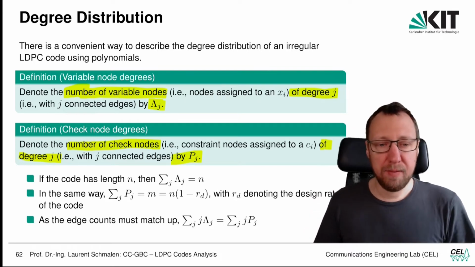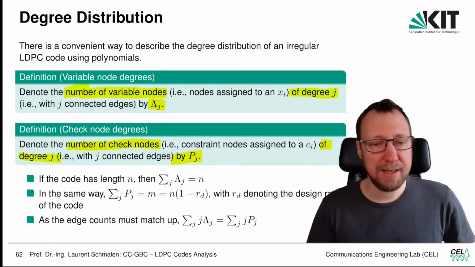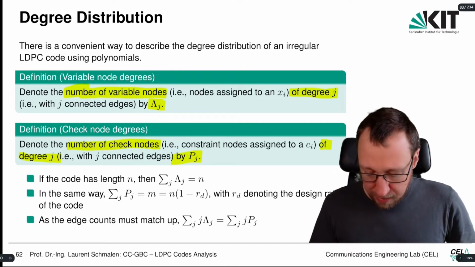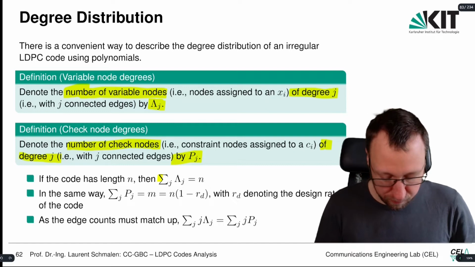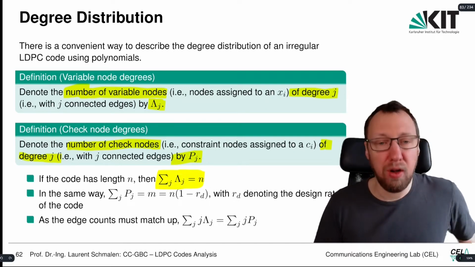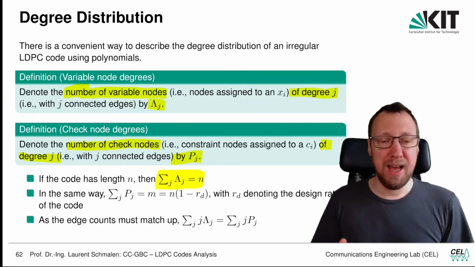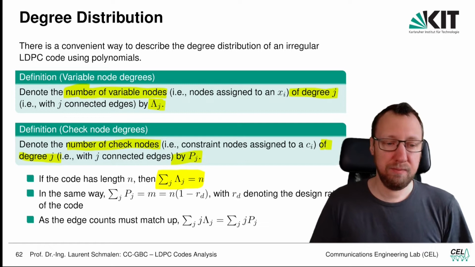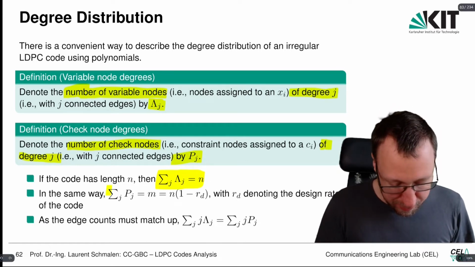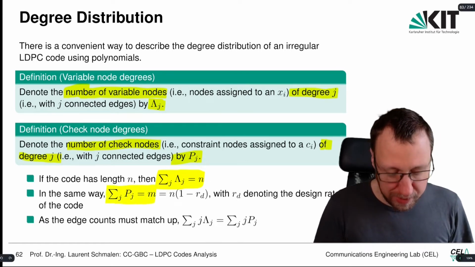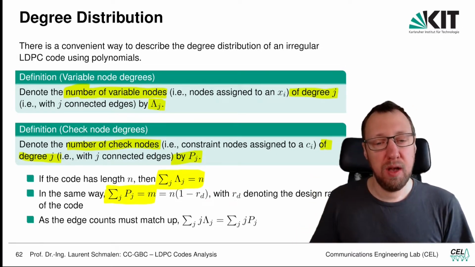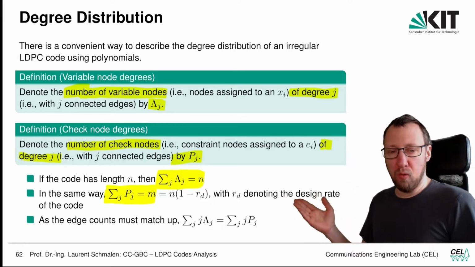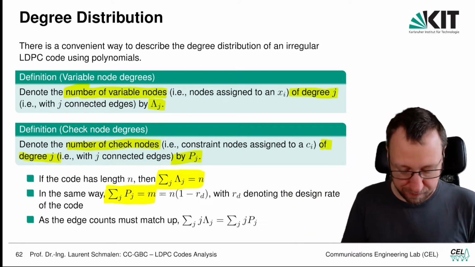If we have a code that has length n, then of course, if we count all the variable nodes, the total number is n, so the sum of all these lambda j's must be equal to n. Very similarly, the sum of all rho j's must be equal to m, which is the number of check nodes. Now, m over n is exactly 1 minus the design rate.